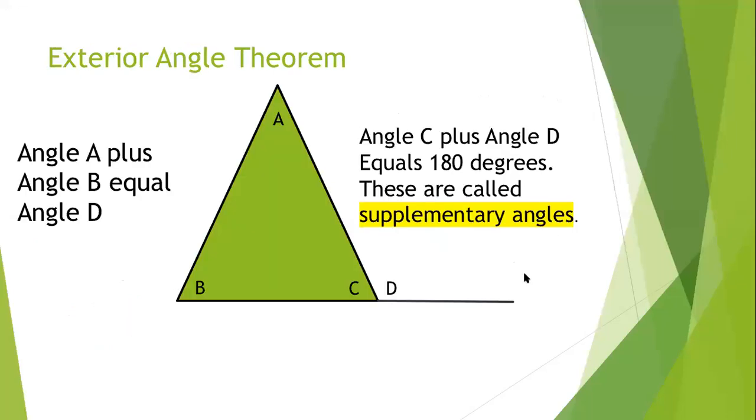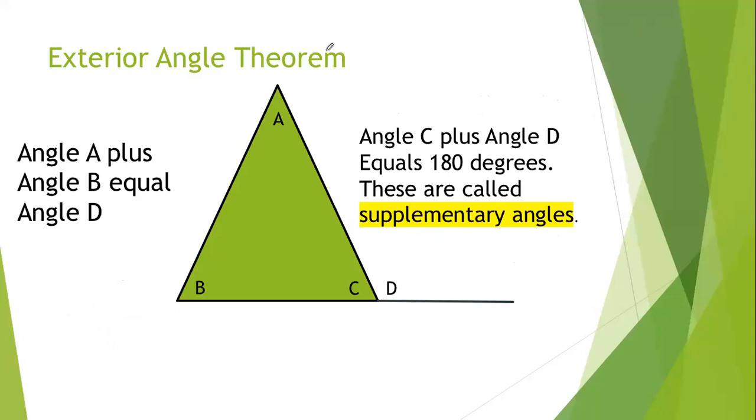Okay. So the other theorem is called the exterior angle theorem. Now, personally, I do not care to memorize this because we should be able to figure certain things out without even having to memorize this. But let me explain what the theorem says.